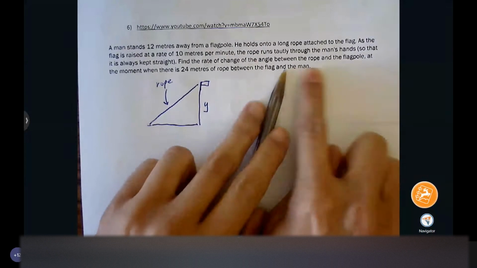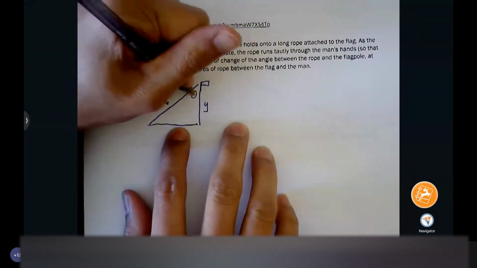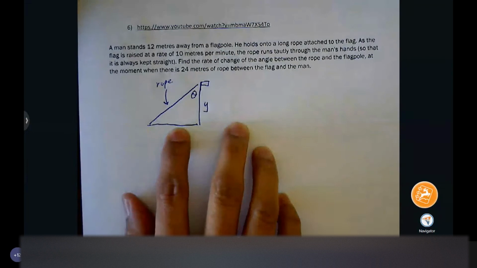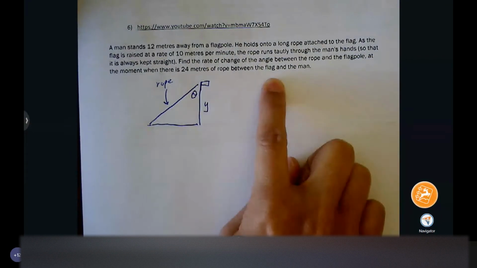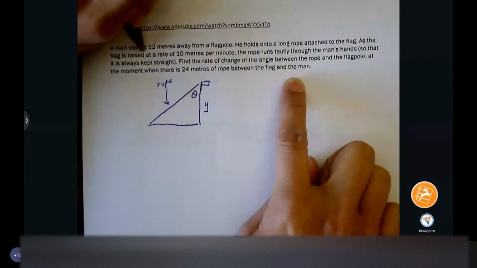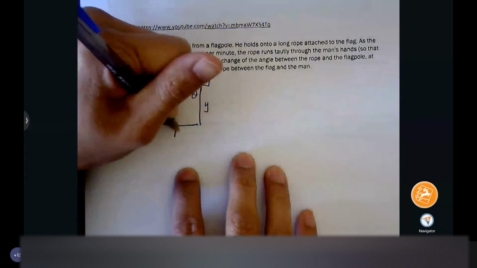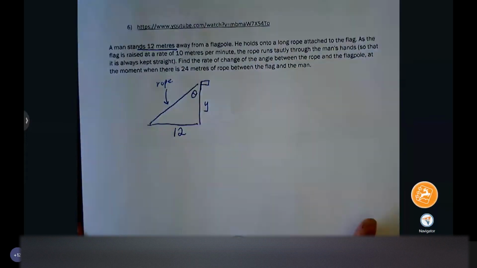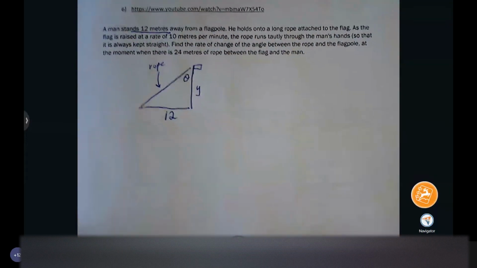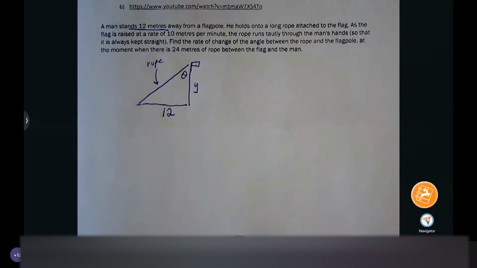So the angle is in a different location here. It's up top. At the moment when there's 24 meters of rope between the flag and the man. But we know this 12 meters is going to stay constant. So let's start here. Build your trig equation.